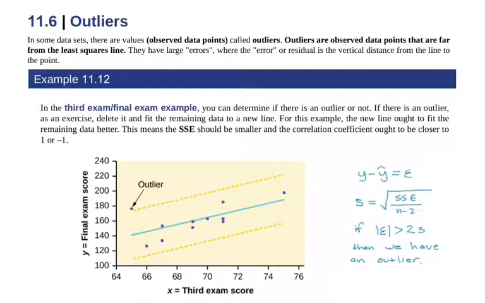Recall, whenever we get a standard deviation, we're trying to find those differences. And we typically square it in order to make all those negatives positive so we could add them up together. So it comes from that. And so if that epsilon value, so that residual, that difference there, is larger than 2 standard deviations, then we have an outlier. So that's kind of the gist of it here.